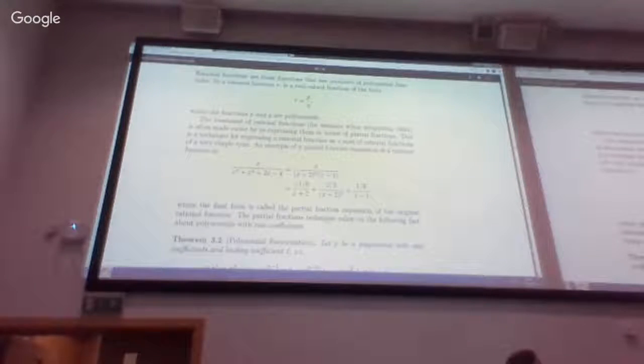Now, there's a mathematical result about polynomials which lies behind what we're doing here. We're not going to prove this result by any means, but we will just look at it. This is a result about polynomial factorization. It deals with polynomials over the real numbers.